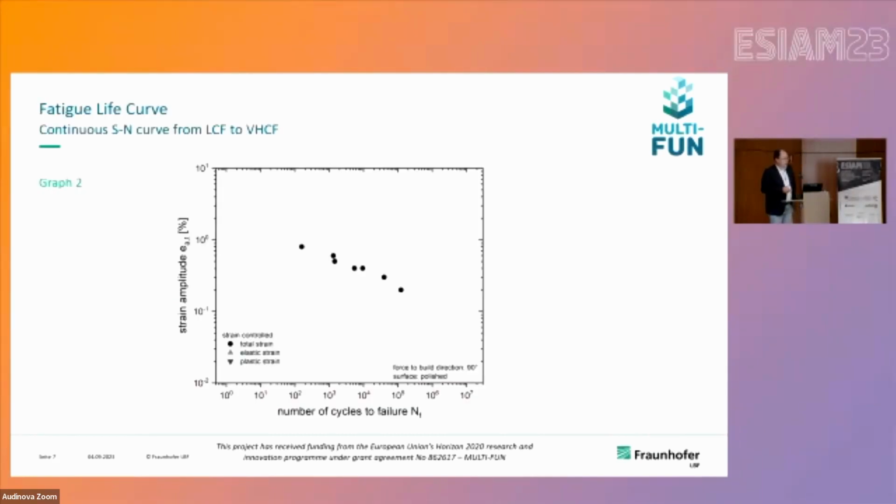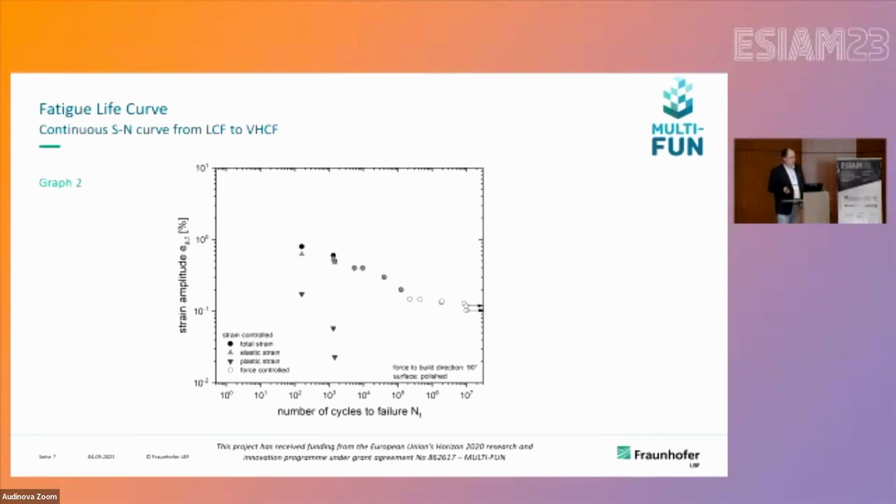Now, how can we describe this strain amplitude to number of cycles to failure correlation? Therefore we use the so-called fatigue life curve. That means we start with the strain control testing, divide it, as it's a standard for strain control testing, into the elastic and plastic parts. And then we can add the force control tests.